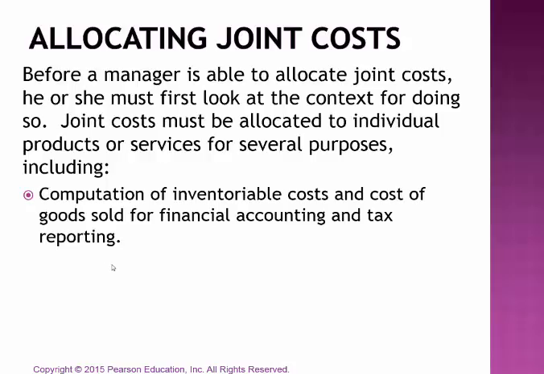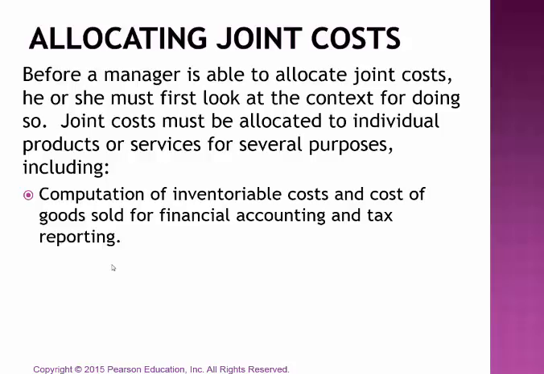You guys are very well aware of how you go about calculating cost of goods sold for that income statement, as well as ending inventory. Of course, we've got to have that for our financial accounting reports, but also for complying with tax laws and submitting those forms that show our cost of goods sold as well as our ending inventory. So we need those for all of that.